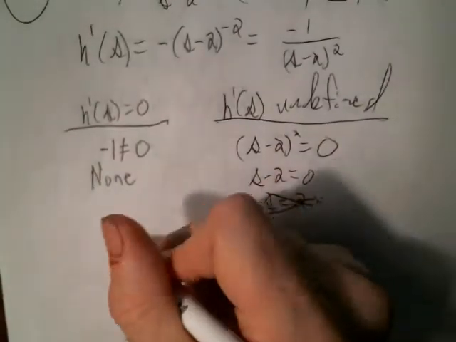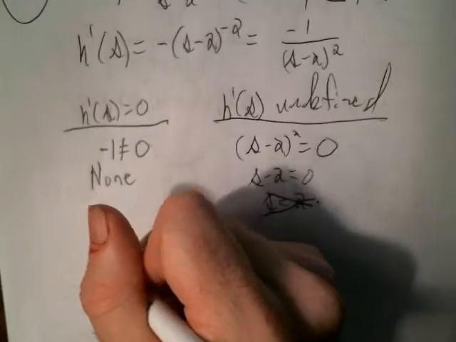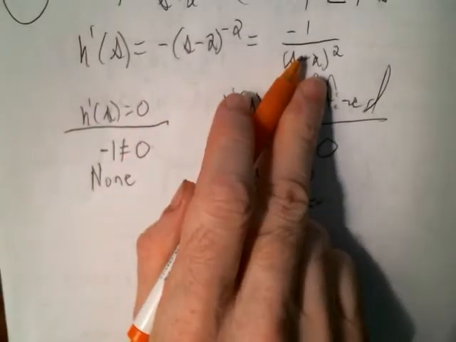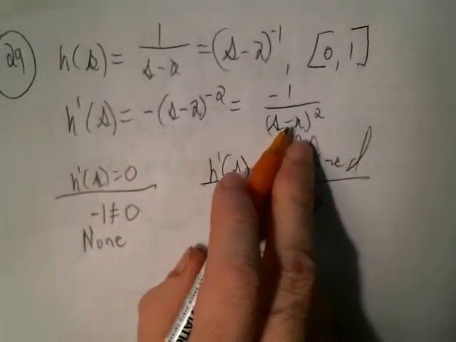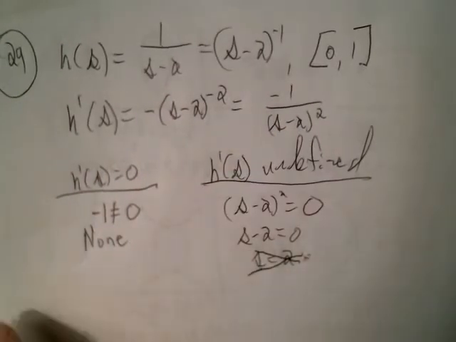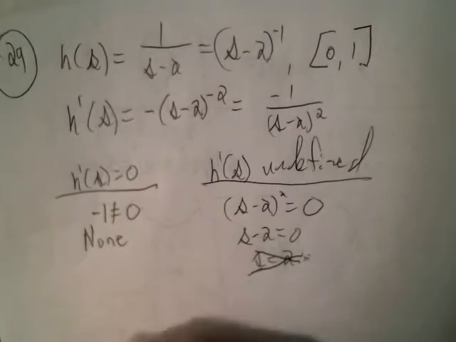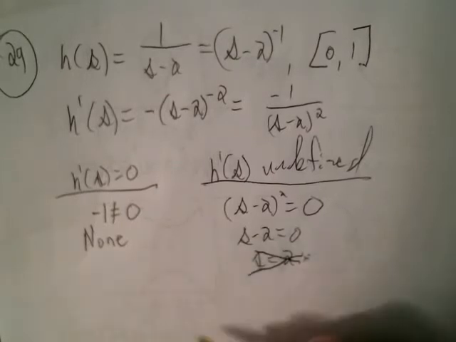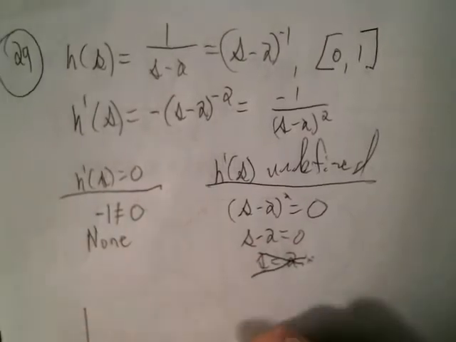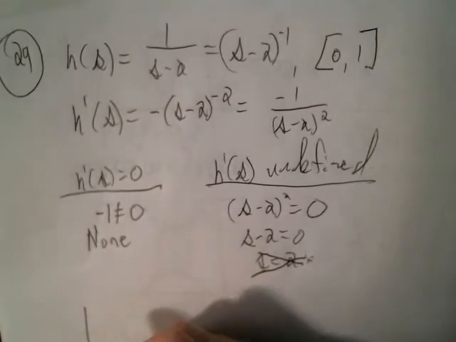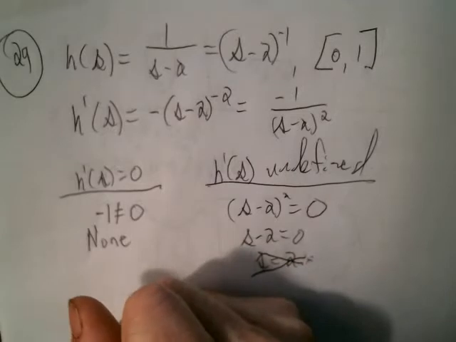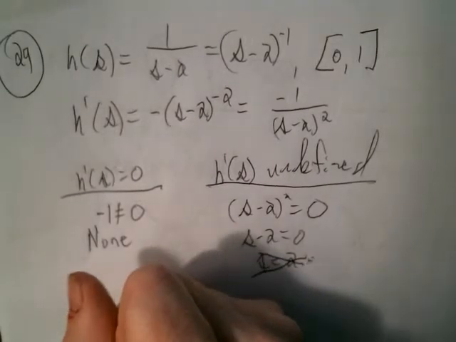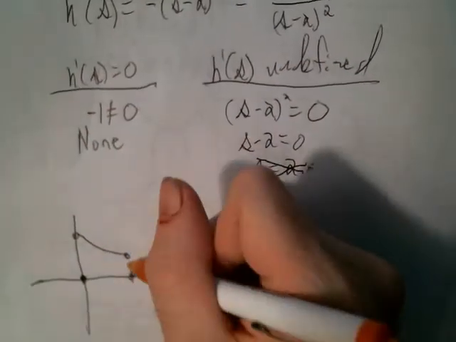All right, so at the end of the day, it seems that this function is always decreasing on this interval. It seems like it's always decreasing on its domain, except where it's not defined. I don't know exactly what it looks like, but going from 0 to 1 on this interval, it's probably going to look something like this.